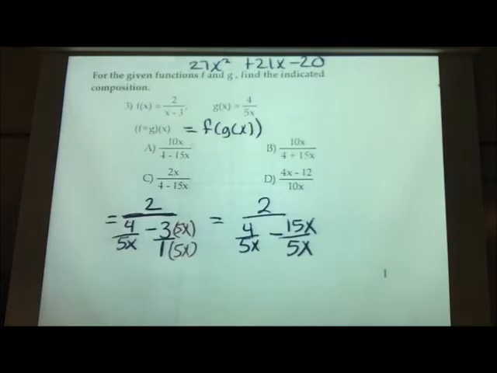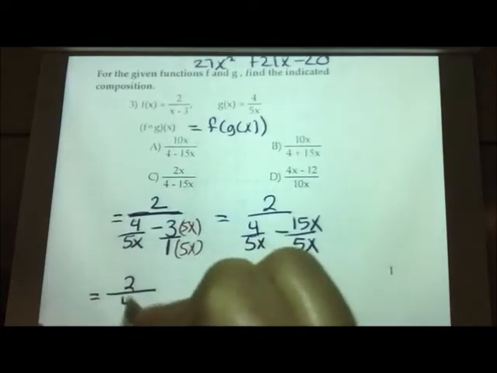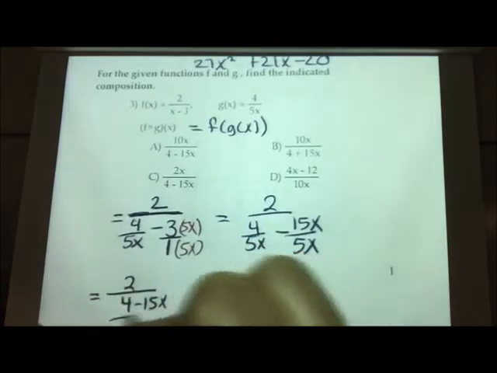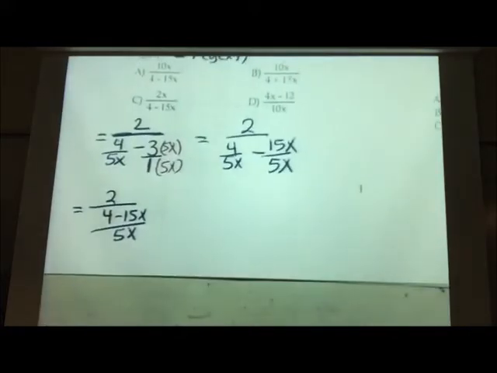Since my denominators are the same, I get to work with the numerator, so this now becomes 2 over 4 minus 15x over 5x. Please keep in mind that your denominators do not cancel each other out. They just become one big fraction.